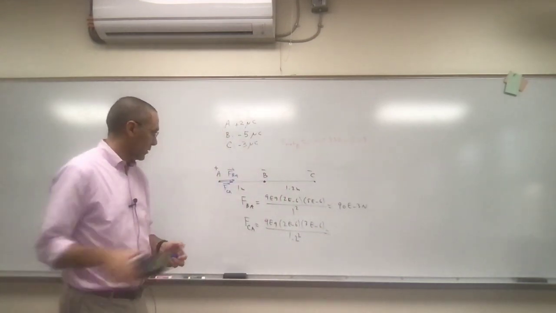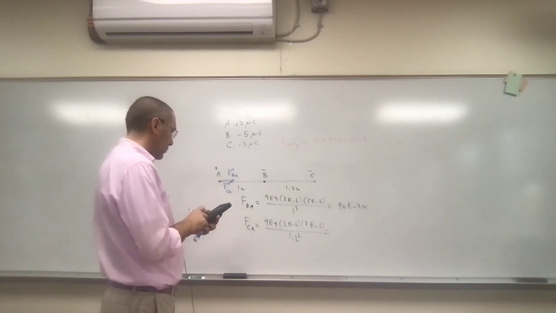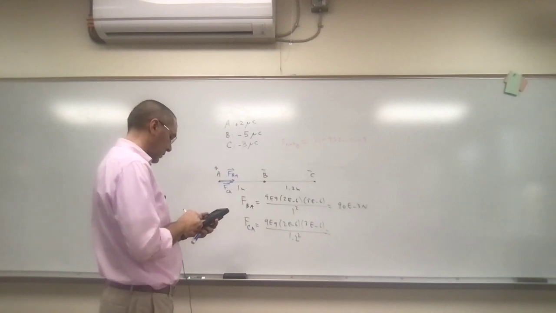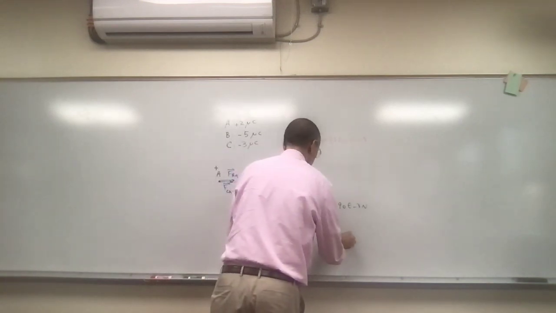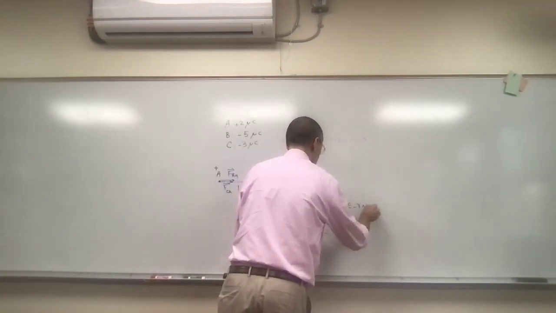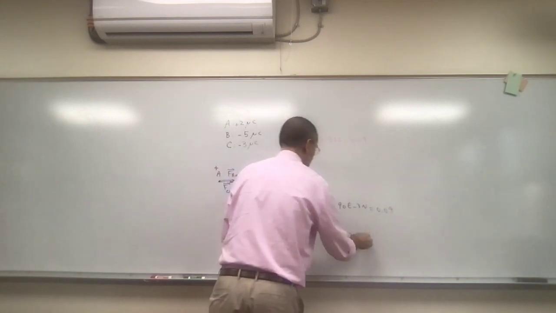So we can use a calculator for this. So I can see 54 e negative 3 divided by 1.2 squared. I get 0.0375, and this one should give us 0.09 newtons.